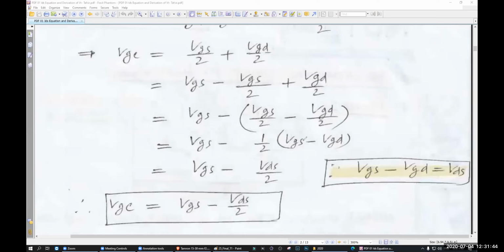So we are saying VGS minus VGD is equal to VDS. See, here we got our VGS, we got our VDS, and no other voltages are here. So how do we convert these? Let me give you one explanation.